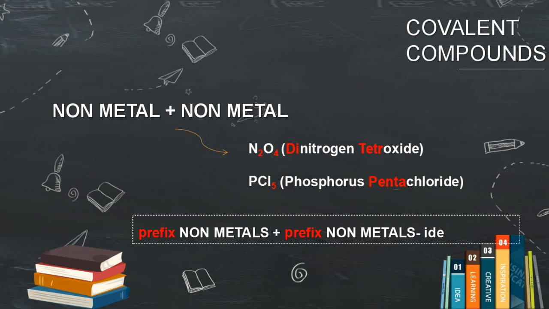There is one nitrogen, so the name will be nitrogen. And there are four oxygen, so the name will be tetroxide. Its name is nitrogen tetroxide.